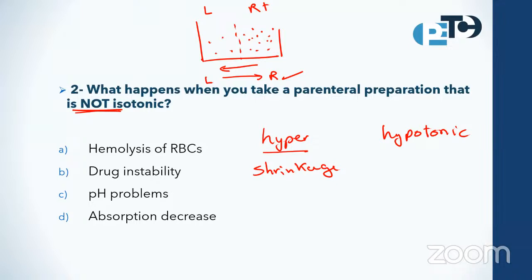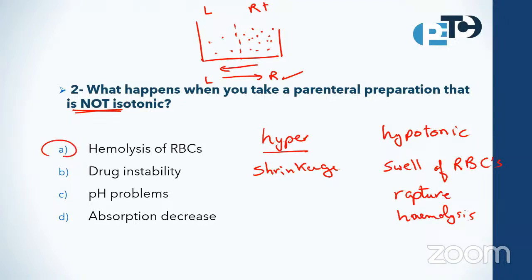So it will lead to swelling of RBCs. Then after swelling, it will have a rupture, and hemolysis will happen. Okay, so the first choice here is the right one.